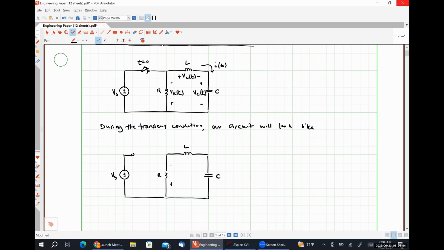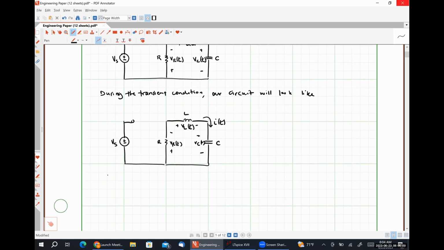Here's VR, VL, VC, and I, and writing a Kirchhoff's voltage law equation around the right-hand path, we'll see that the voltage drop across our resistor plus the voltage drop across our inductor plus the voltage drop across our capacitor must be 0.